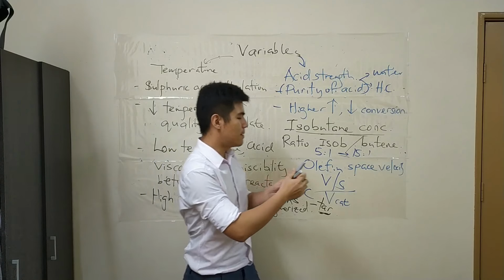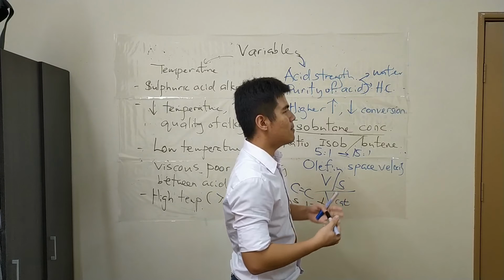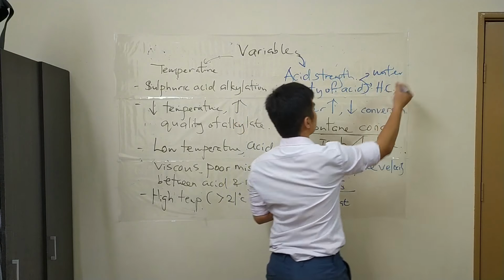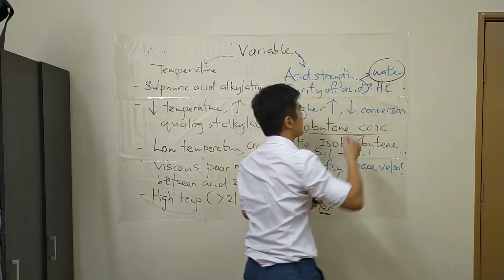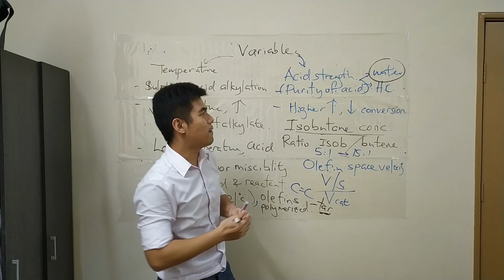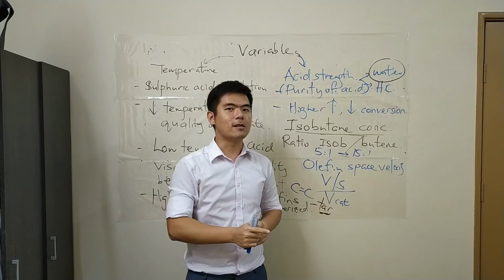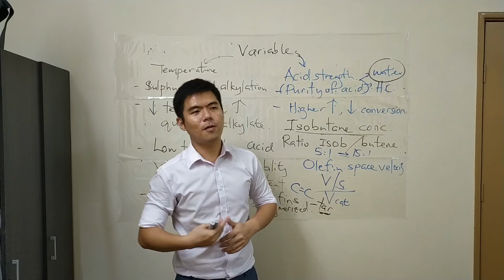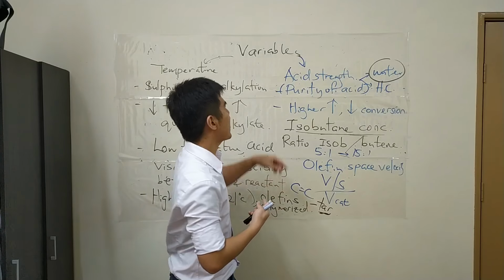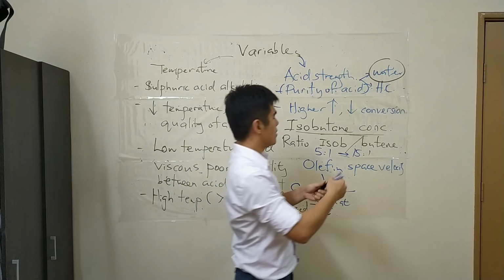So the major factor that will determine the efficiency of the alkylation process is the water content in the acid. For your information, water is an inhibitor, and it will reduce the catalytic activity.